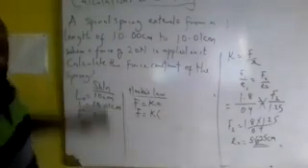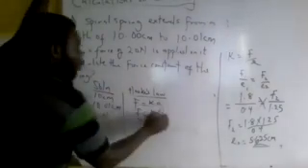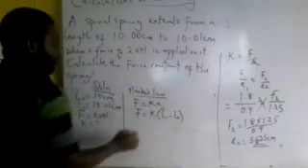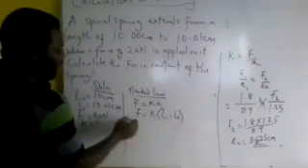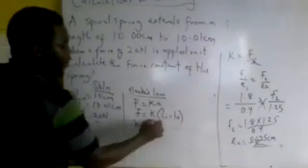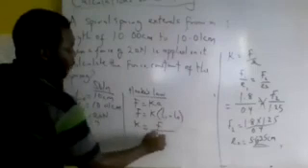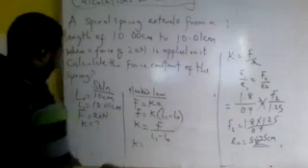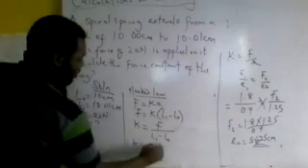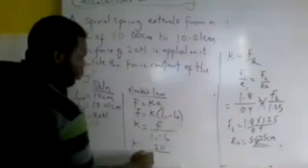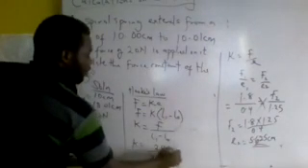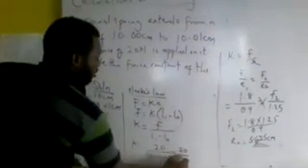L1 minus L naught, indicating your extension. So from here, I can make K the subject of the formula, and that will be F divided by L1 minus L naught, isn't it? And then my K will be equals to, what's my F? My F is 20 over 10.01 minus 10, which will be 20 divided by 0.01.